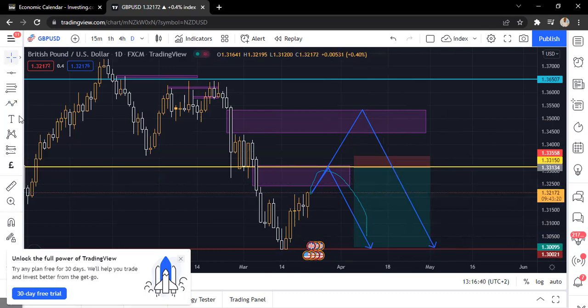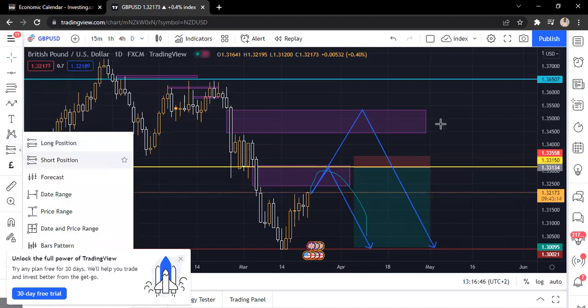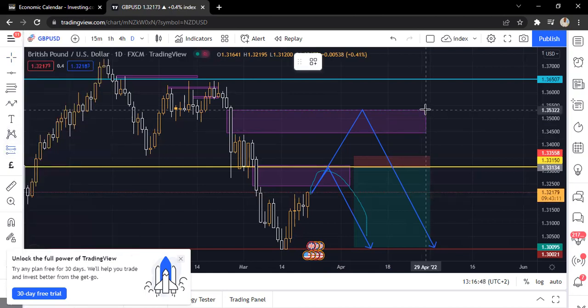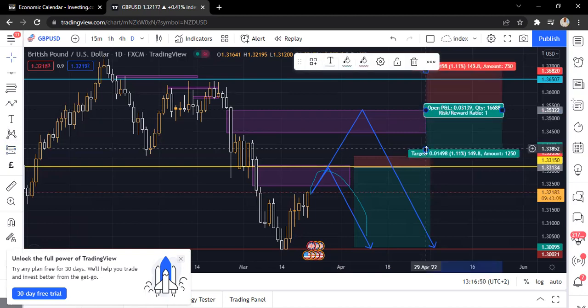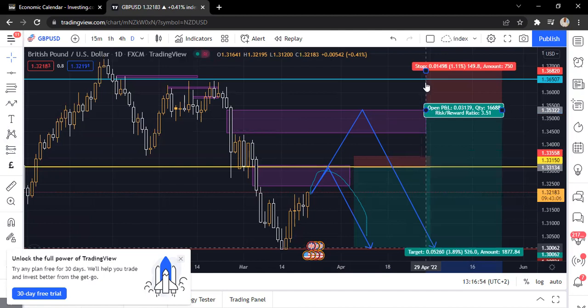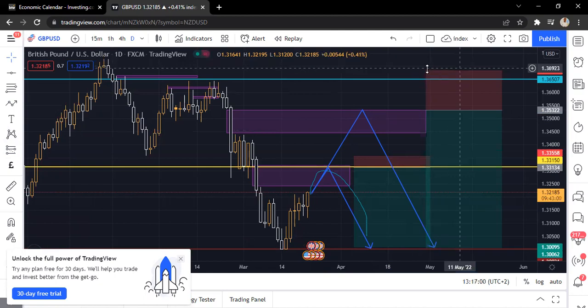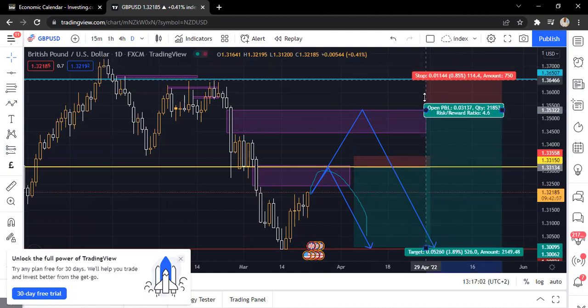So when we get to that area, what we can be looking at is probably taking a short position like this, taking our profit down here, and then obviously the stop loss, I haven't determined the stop loss yet, but the stop loss could be as low as possible.